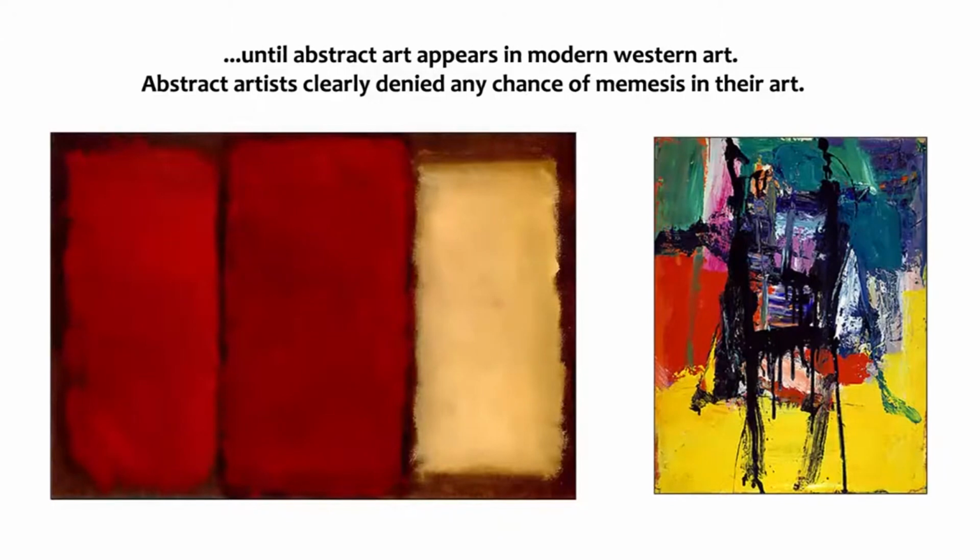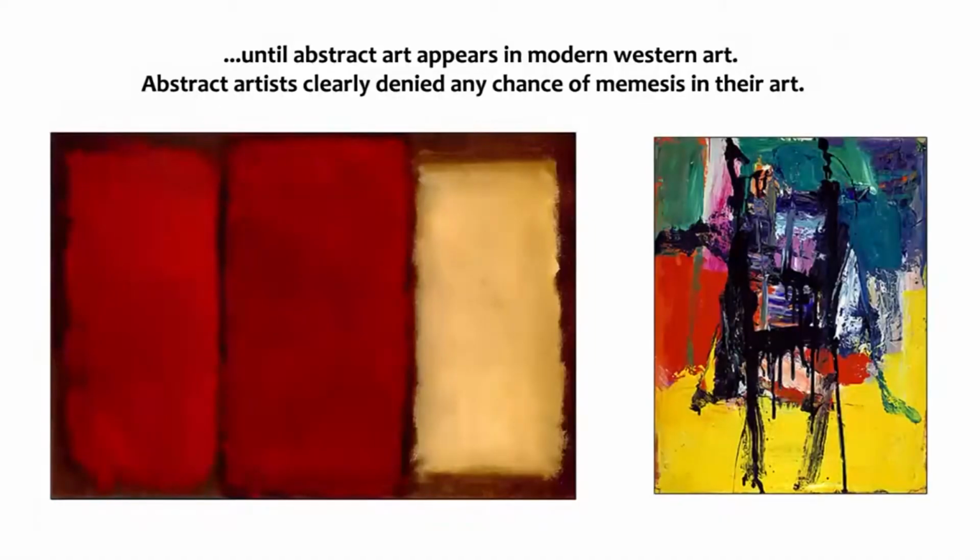But this was all fine so far, until abstract art appears in modern Western art, and abstract artists clearly denied any chance of mimesis in their art. So, within the tradition of Western art, whereas on the one hand we do have mimetic traditions as it appears in Roman art, as it appears in Renaissance art onwards, in Renaissance, High Renaissance, Baroque and all that, and of course realism, neoclassicism.